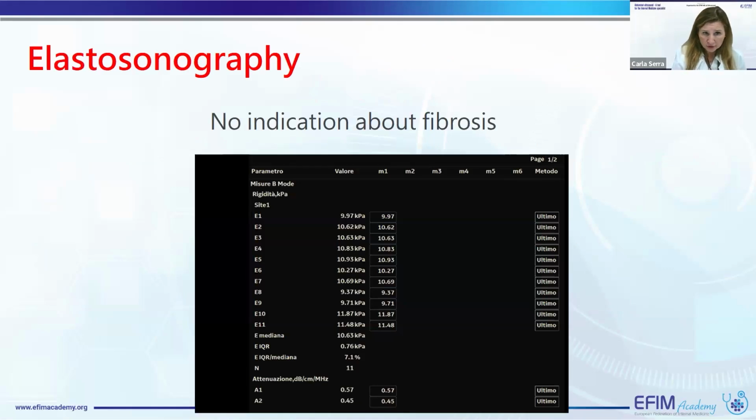What about elastosonography? Well, in acute hepatitis, due to the elevation of transaminase, it is not important to evaluate the liver with elastosonography, because you usually have high values, but high values don't mean that the liver is fibrotic, because the edema and the congestion of the liver give you an elevation of the elastosonography value.